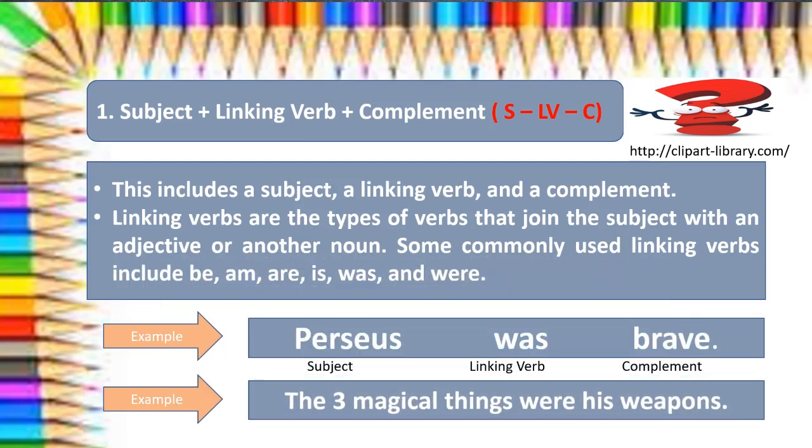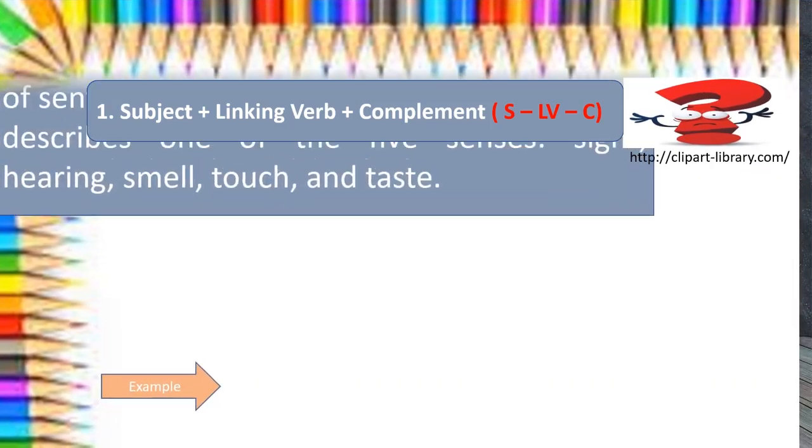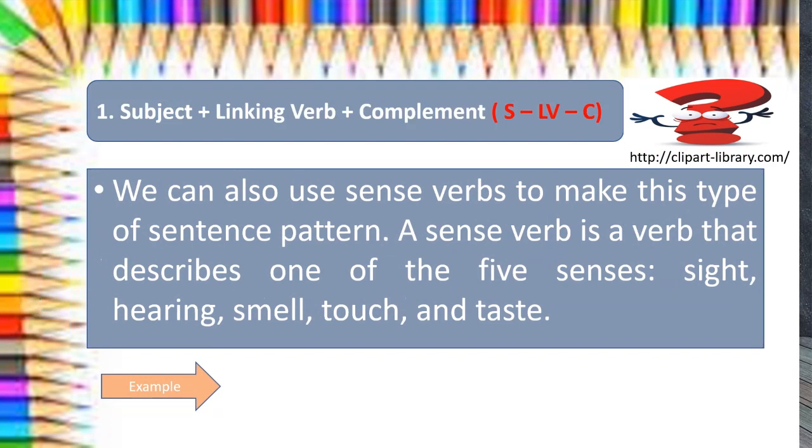Another example, the 3 magical things were his weapons. Our main subject is the 3 magical things, the linking verb is were, and the complement is the weapons. His weapons complements to the main subject, the 3 magical things. Therefore, this is the subject complement. We can also use sense verbs to make this type of sentence pattern.